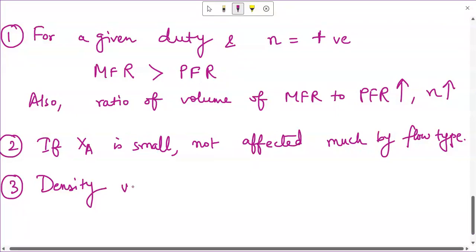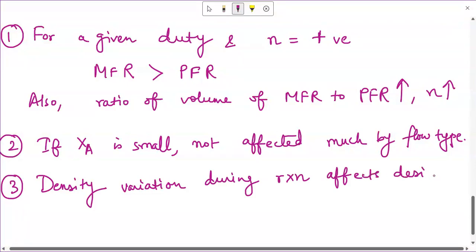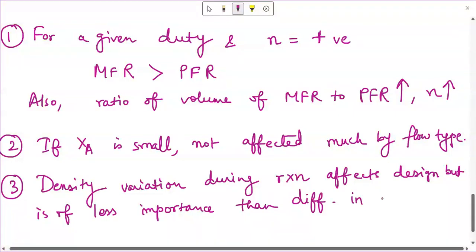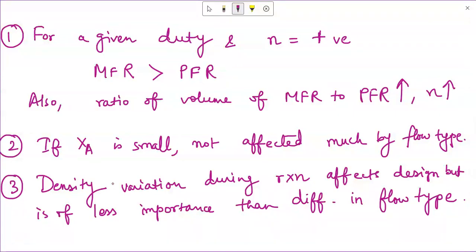Density variation during the reaction affects design but is of less importance than difference in flow type.